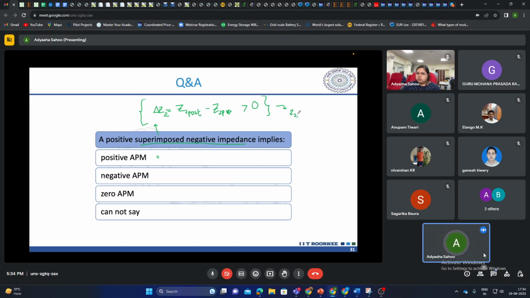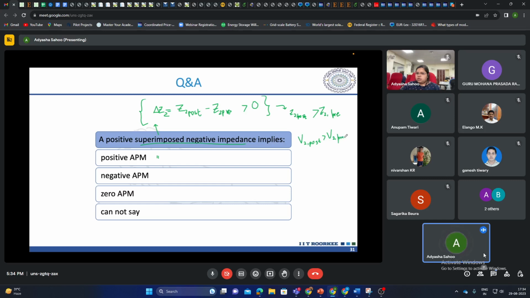Basically, we are telling, as I said, post is greater than pre. So what will it imply? V2 post is greater than V2 pre.